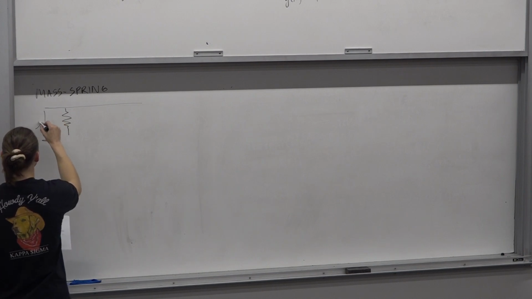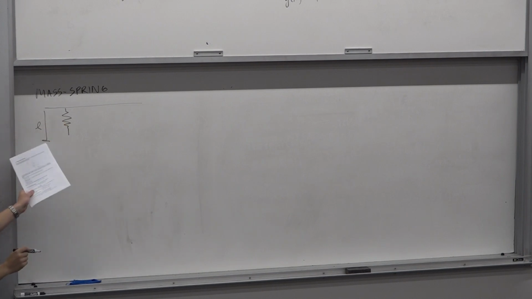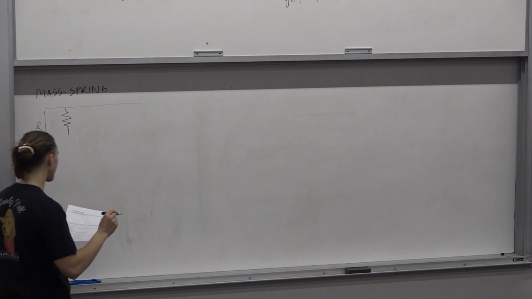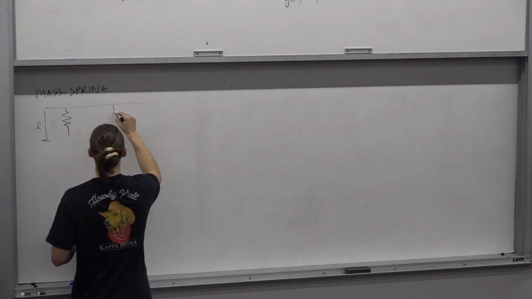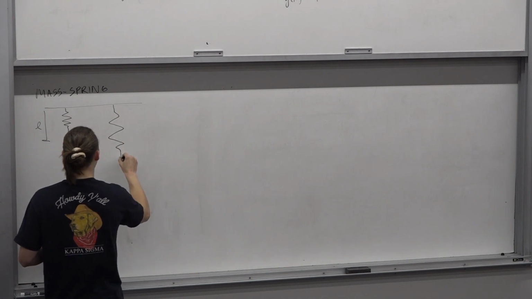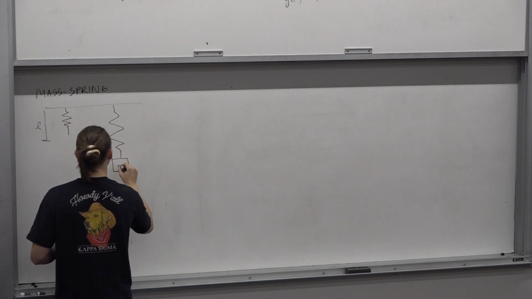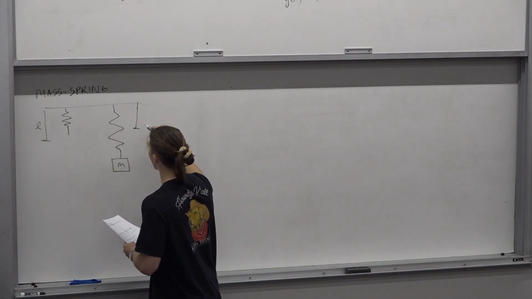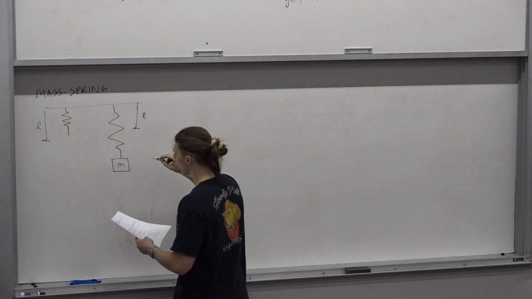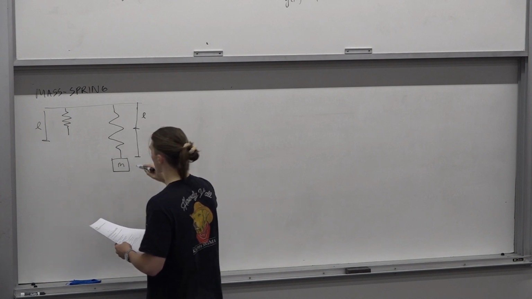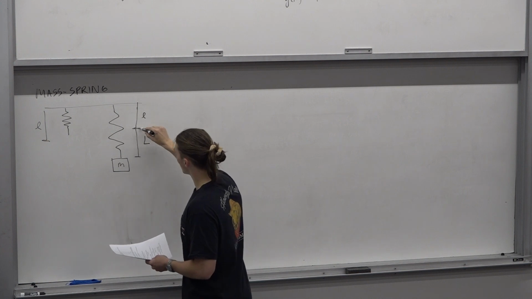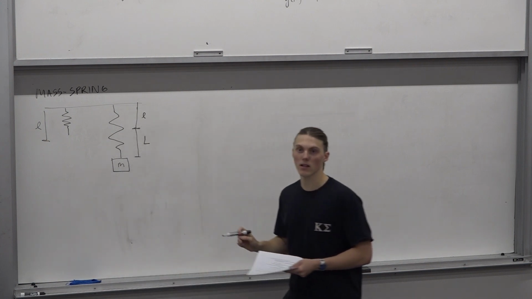It has a natural length of L, so without any mass on it, it hangs down at a length of L. But we're attaching a mass to it. So not only does it hang down at a length of L, but then the mass brings it down further, with that length being capital L.